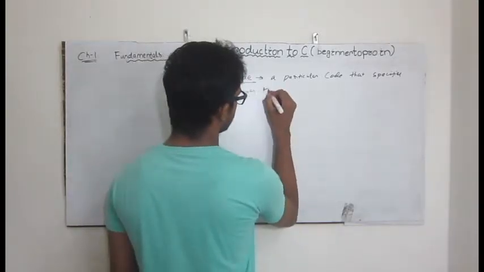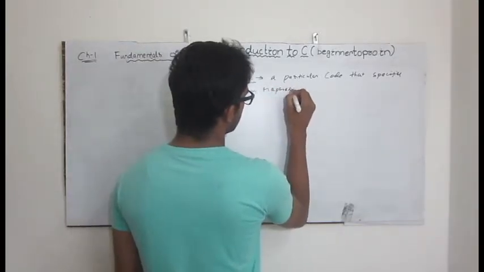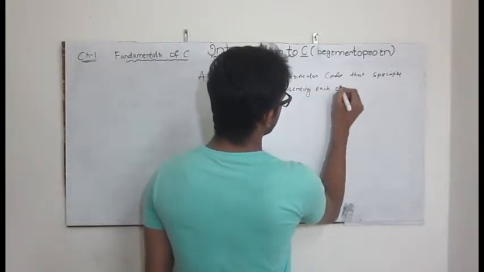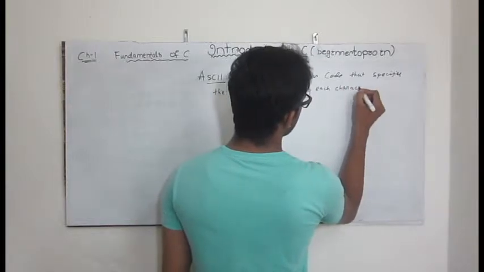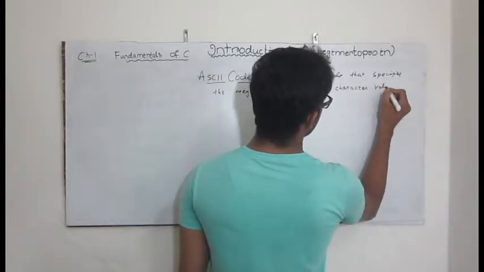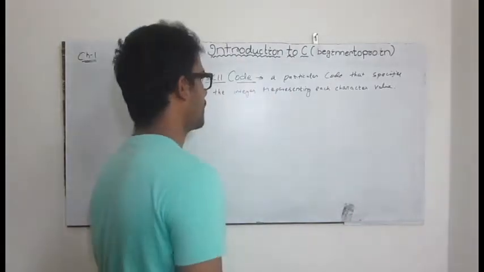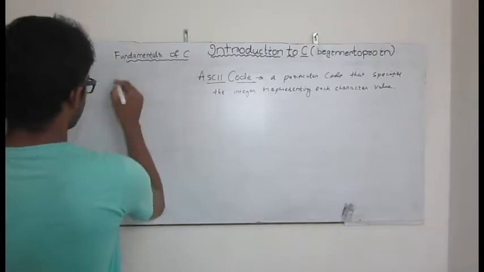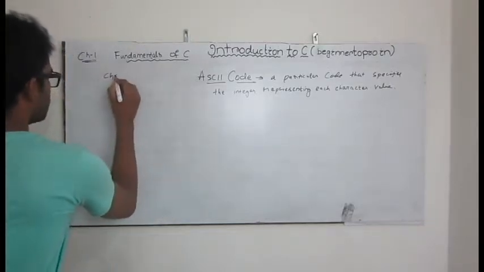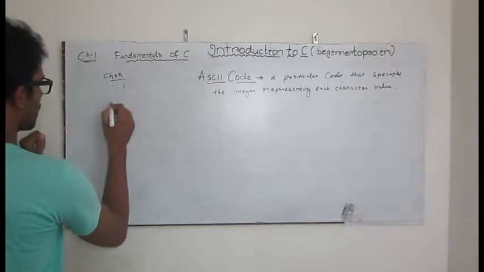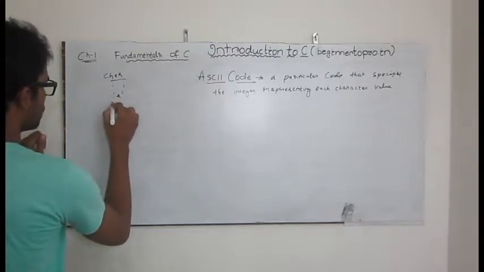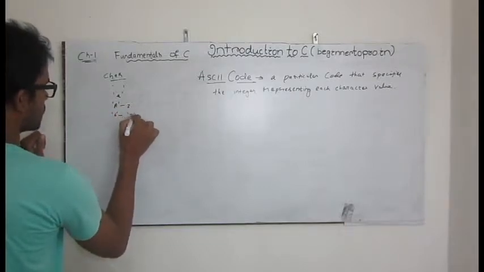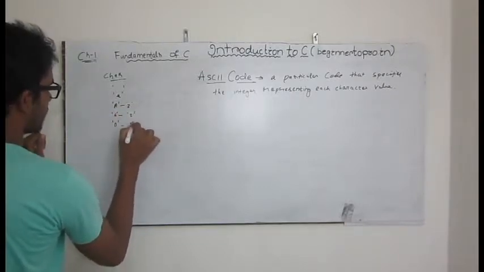Each character, for example blank, star, or from capital A to capital Z, small a to small z, 0 to 9.